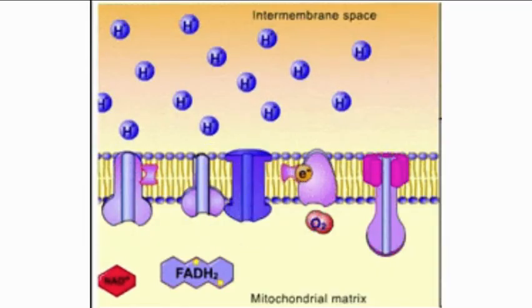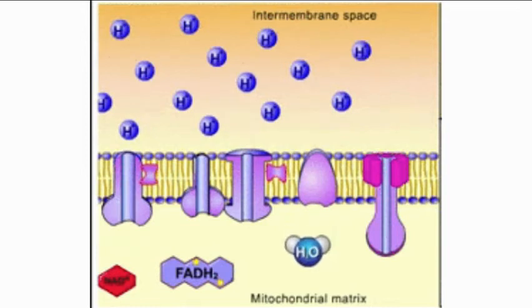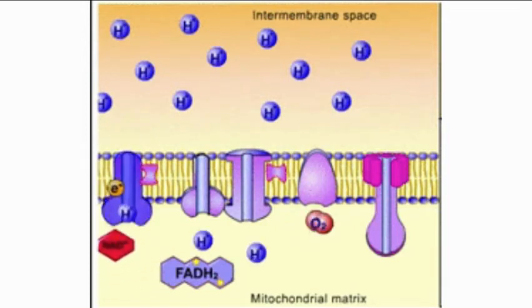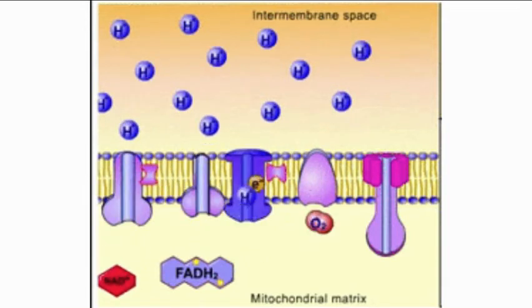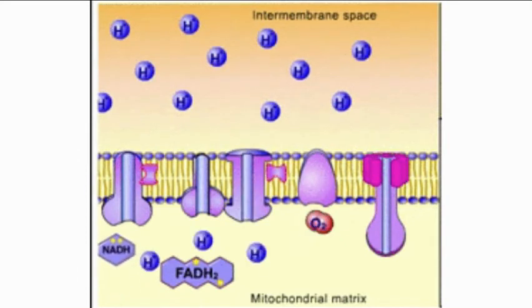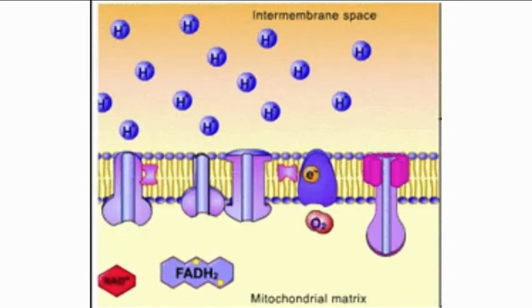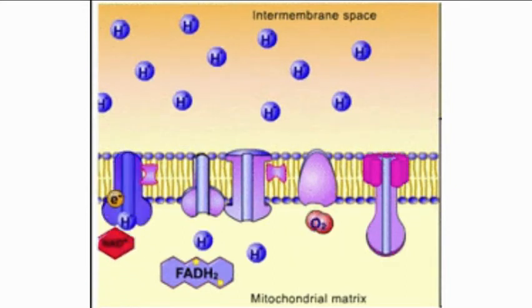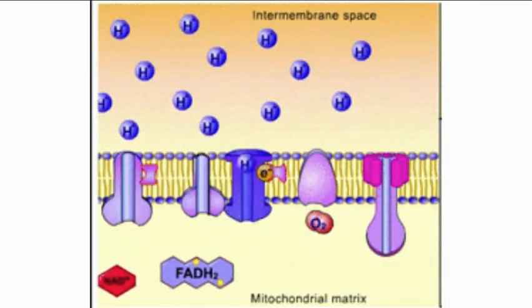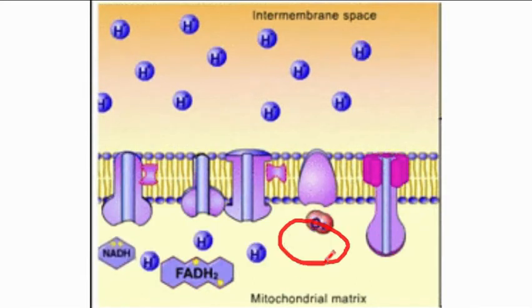So NADH and FADH2 pass their electrons to the electron transport chain, which is composed of a series of electron carriers located in the inner membrane of the mitochondria. During this electron transport chain, an enzyme combines these electrons with hydrogen ions and oxygen in order to form water.